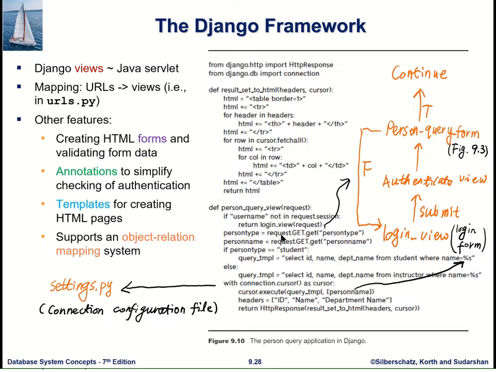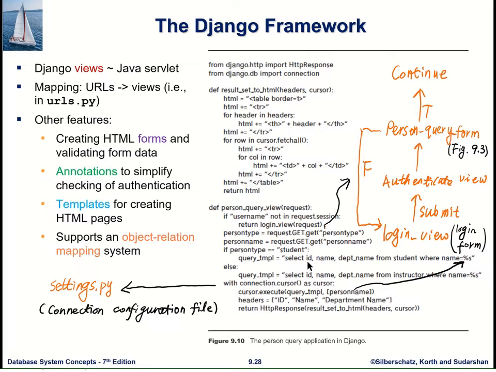Based on the request, we get the person type and the person name. That means whether it's student or instructor, and which student or which instructor. Then we have this if else branch. If it's student, we compose a query template, which is like this one.